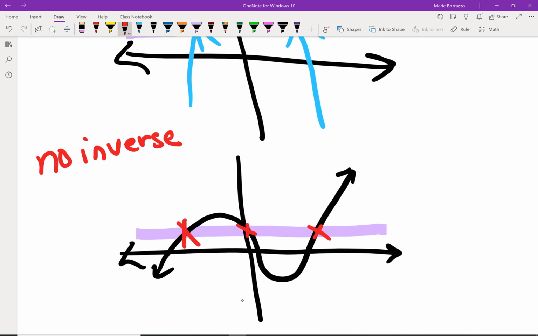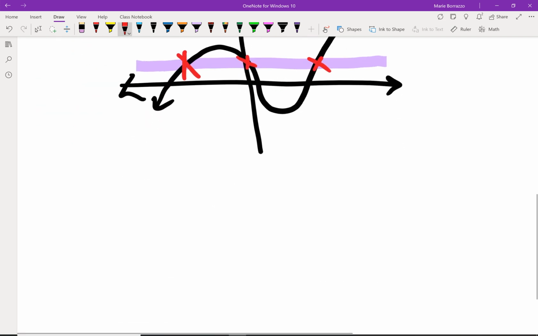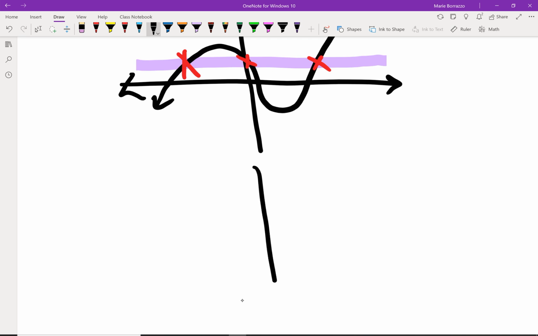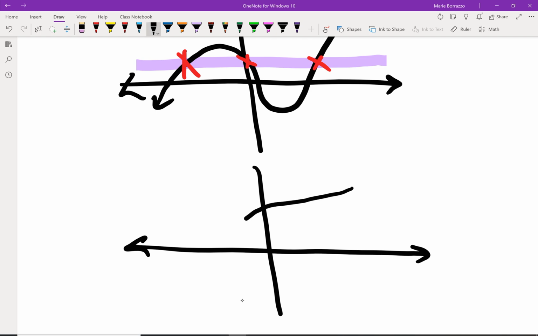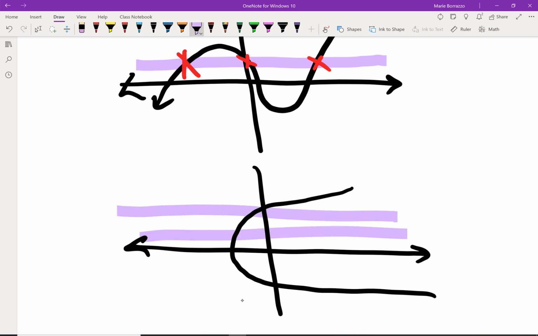Okay, now if I had a diagram, let me give you an example of its counter. If I had a diagram, and this diagram actually went as such, will it pass the horizontal line test? Am I hitting more than one point at any point?